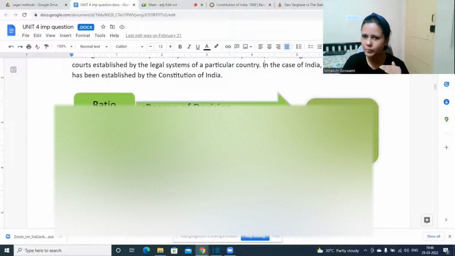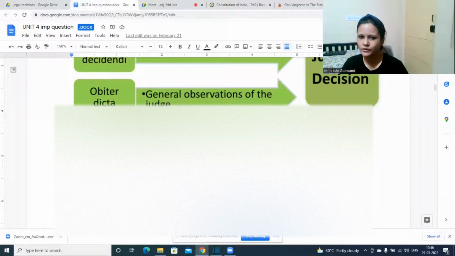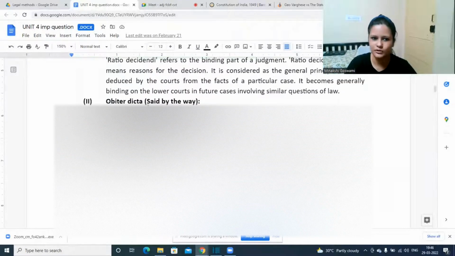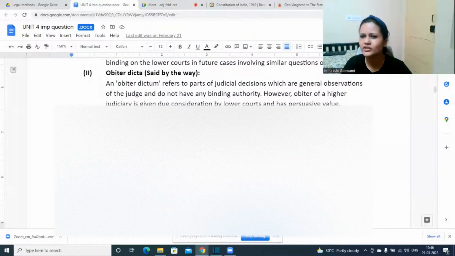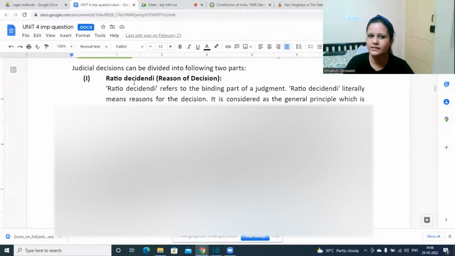So they are important, but ratio decidendi is more important because whenever a decision is given, we need to justify that decision as well. So there are two different parts in a judgment. Whenever you are reading a judgment, you can try to observe whether there is any obiter dicta that the court has said, or what the ratio is.